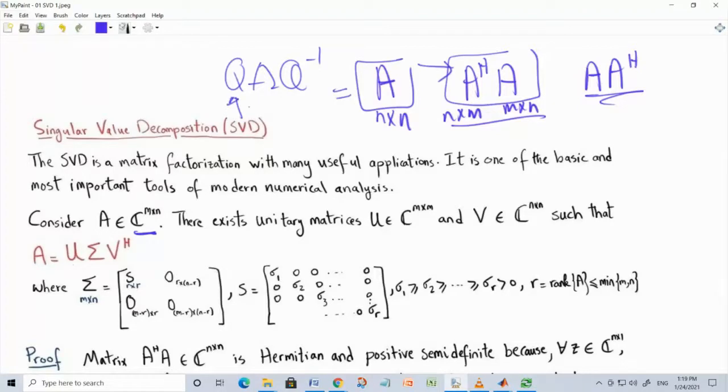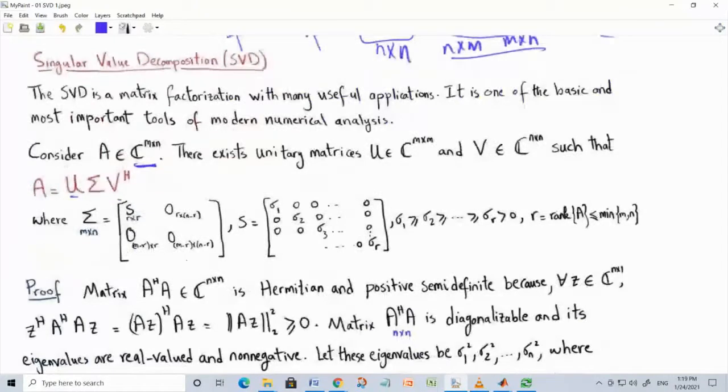Here, if you have the matrix Q, here you have its inverse, and if this matrix is Hermitian, then actually Q inverse is Q Hermitian. But now, if you play this game, you deal with A Hermitian A, and then you want to write down something for A itself, you will have to use two matrices U and V. And so these will emerge as we go through the derivation.